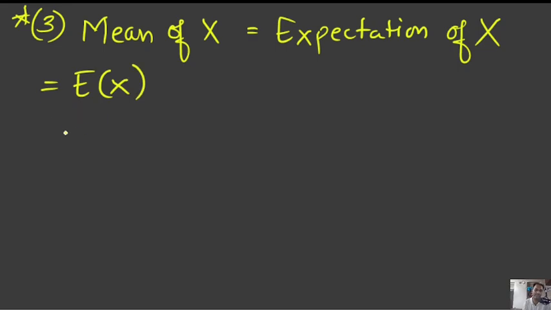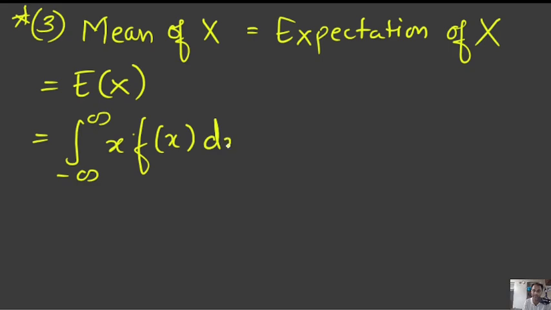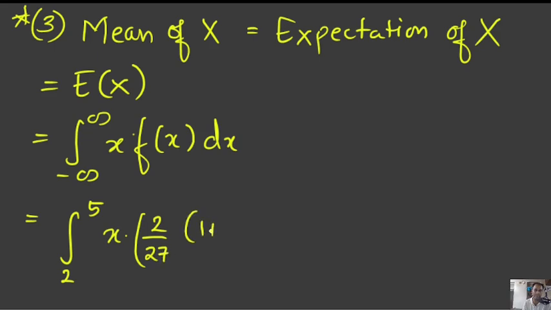In order to find E(X), we'll take up the general formula first, but we'll use the way we have the PDF defined over the interval. So instead of writing from minus infinity to infinity, we will write the given interval, so it is 2 to 5. X times the PDF is 2/27 times (1 + x) dx. That's what we have to integrate.